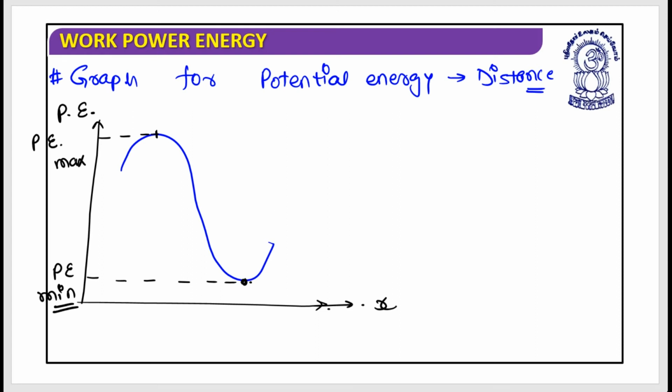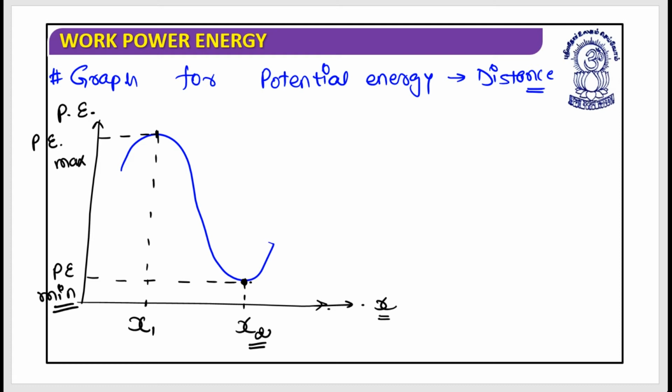At one location, potential energy is maximum, and at another location, potential energy is minimum. Potential energy is maximum when the position is x1, and it is minimum at the x2 position. I hope this is clear.